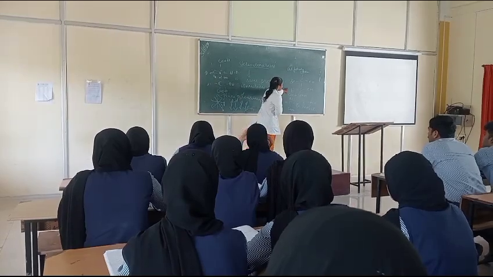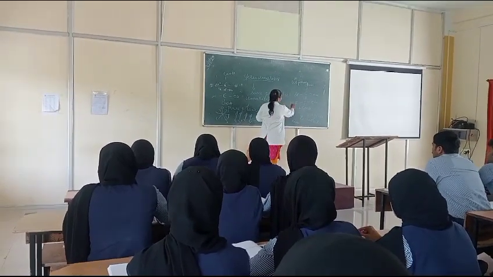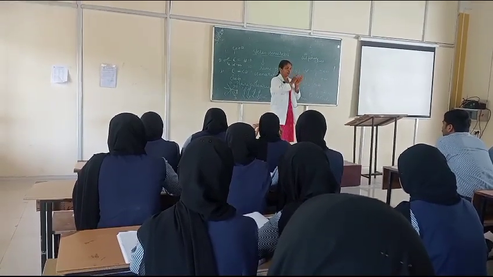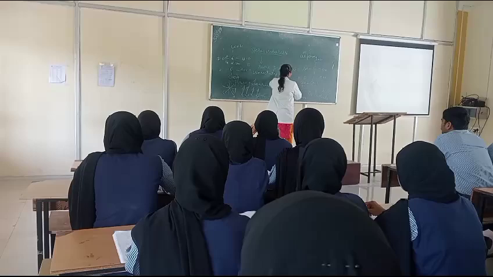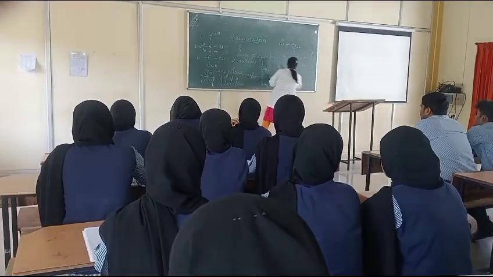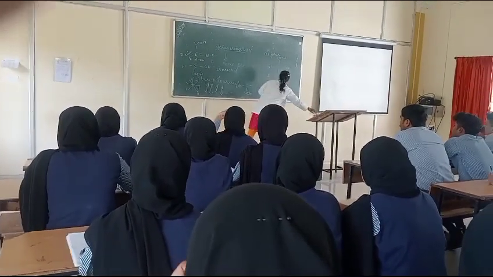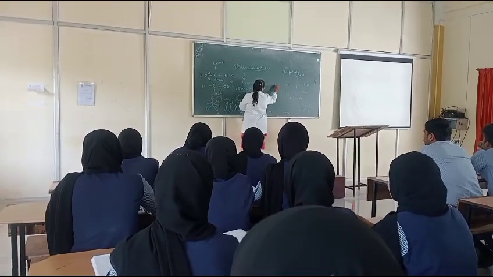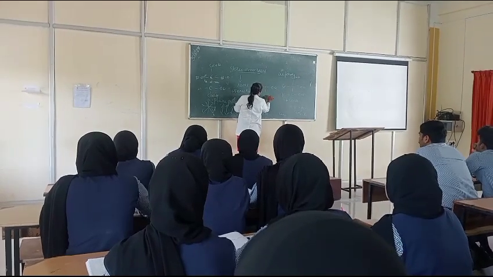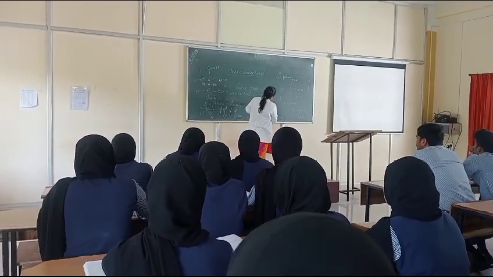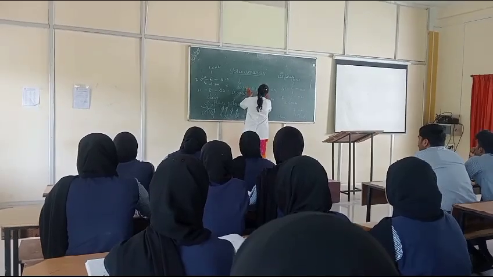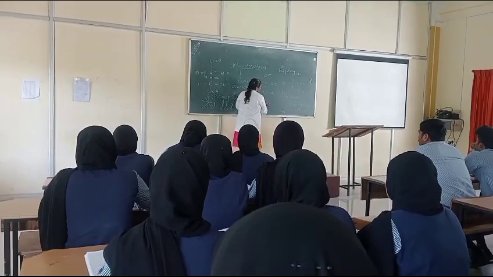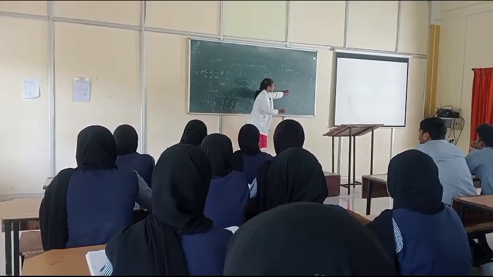Next, how can we know superimposable and non-superimposable? The same, this is tartaric acid. Like our hands, this is non-superimposable. So the same tartaric acid compounds we are taking and keeping.